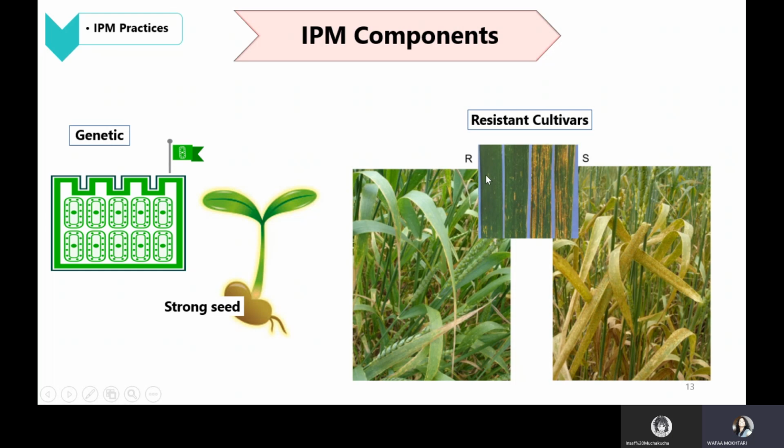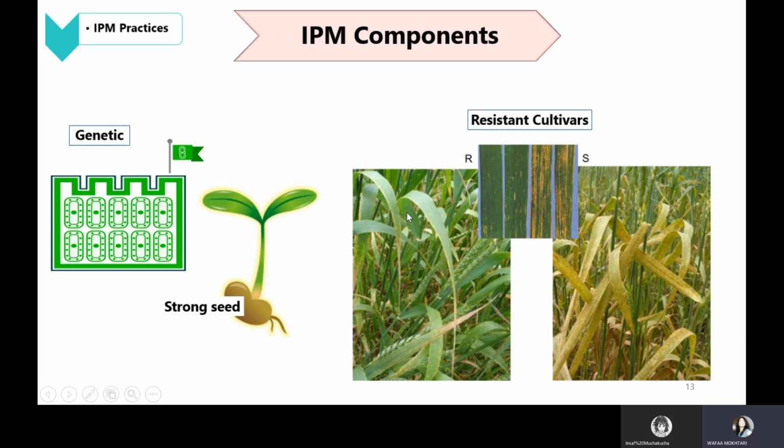And here is an example of a resistant and susceptible wheat. So if you choose a resistant cultivar, you will get less or maybe no rust at all. It is a disease that attacks wheat most often in the spring.